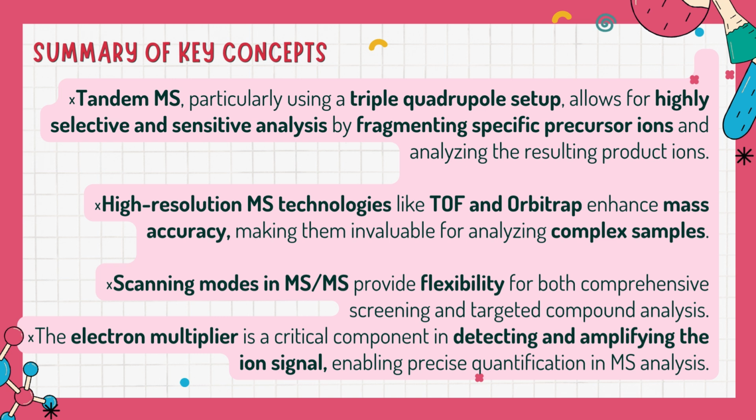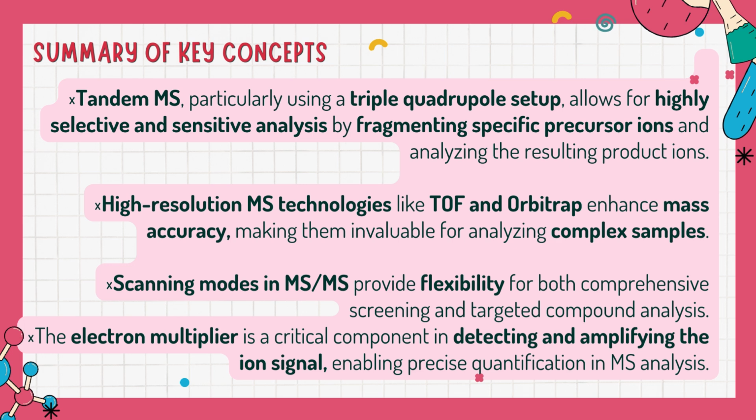So, summary of key concepts. Tandem MS, especially using a triple quadrupole setup, allows for highly selective and sensitive analysis by ion fragmentation. We also have high resolution MS technologies like time of flight and orbitrap, which enhance mass accuracy. If we are dealing with very complex samples, we can utilize high resolution MS in the form of TOF or orbitrap.